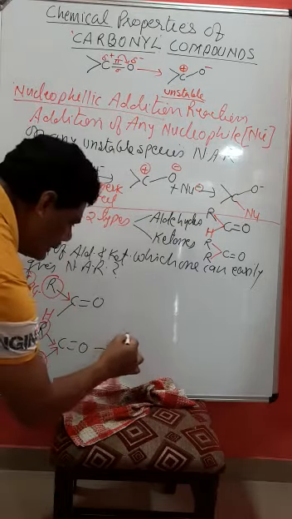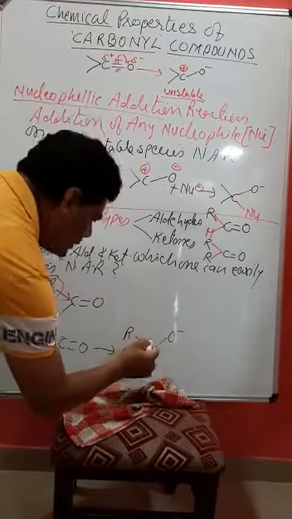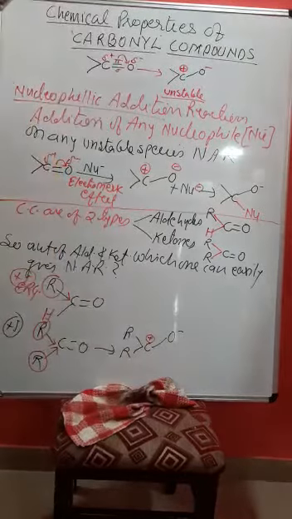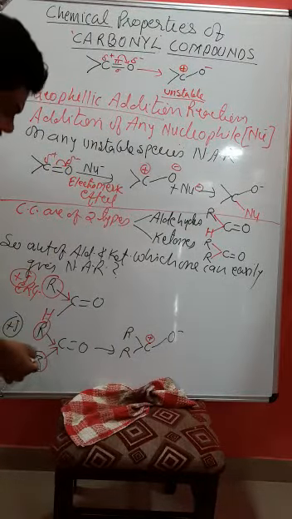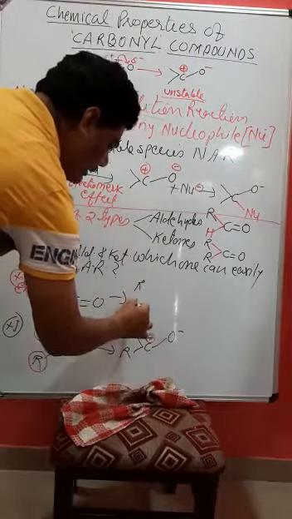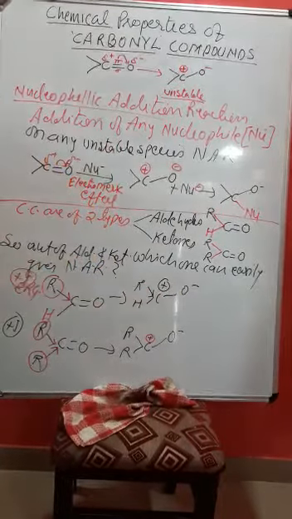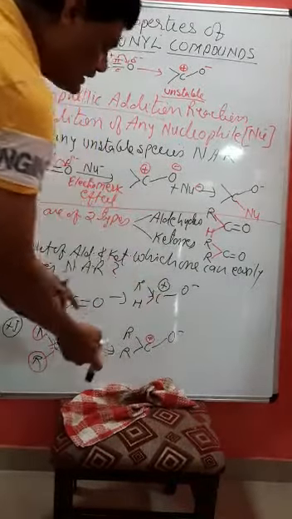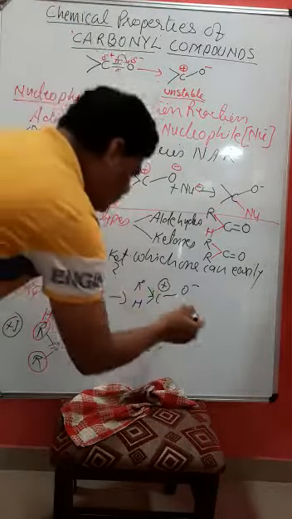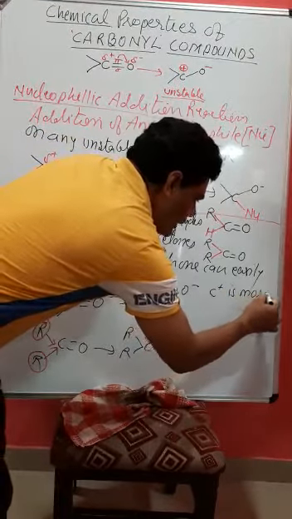That means in the case of ketone, with the negative charge on oxygen and positive charge on carbon, the electron deficiency is lesser because 2 R radicals are present, while in the case of aldehyde, R, H and C, O, with the positive charge, only 1 alkyl radical is there, therefore the electron deficiency is higher as compared to the ketone. So what we can say here: the carbon positive in aldehyde is more electron deficient.